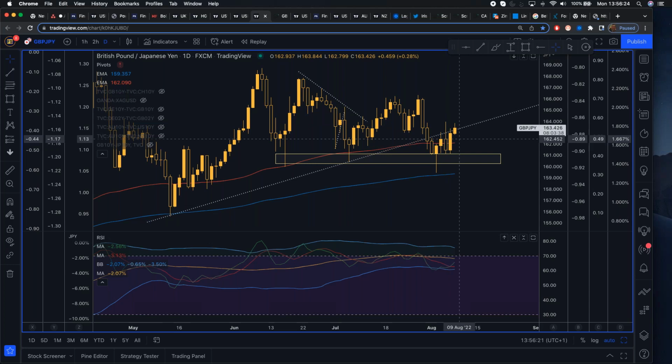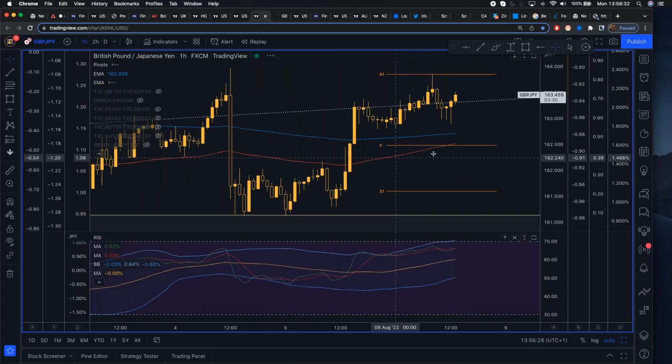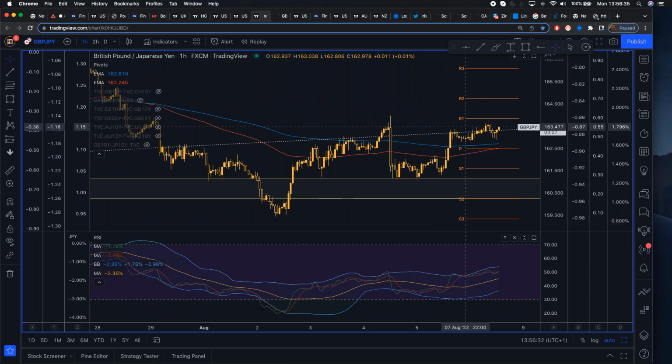You've got a nice area. We've got seasonal yen strength. We've also got reasons for the pound to sell off after the Bank of England's more dovish outlook from last week. The only downside, obviously, is if we start to see yields move higher, then we can see the yen weaken. And if yields keep moving higher after the good NFP last week, then we could see the pound yen take out 164.